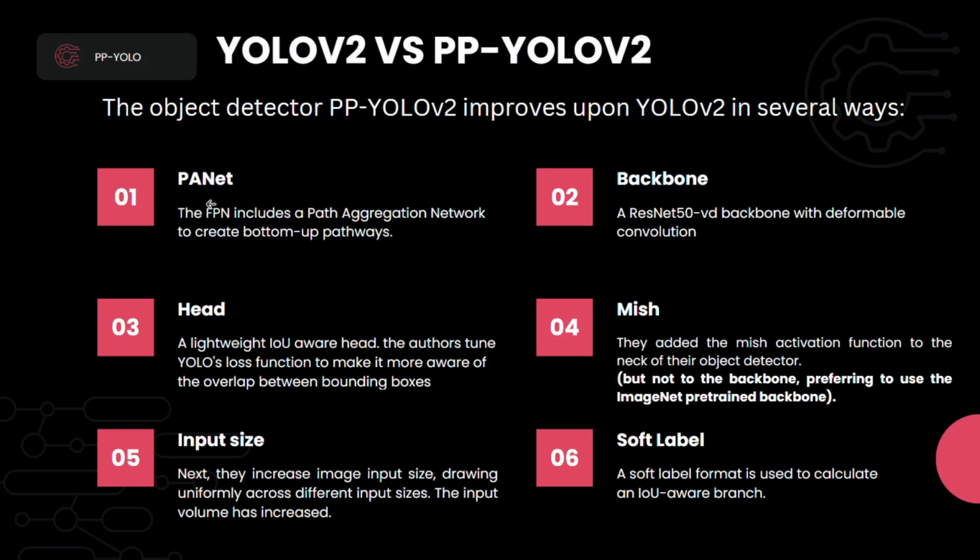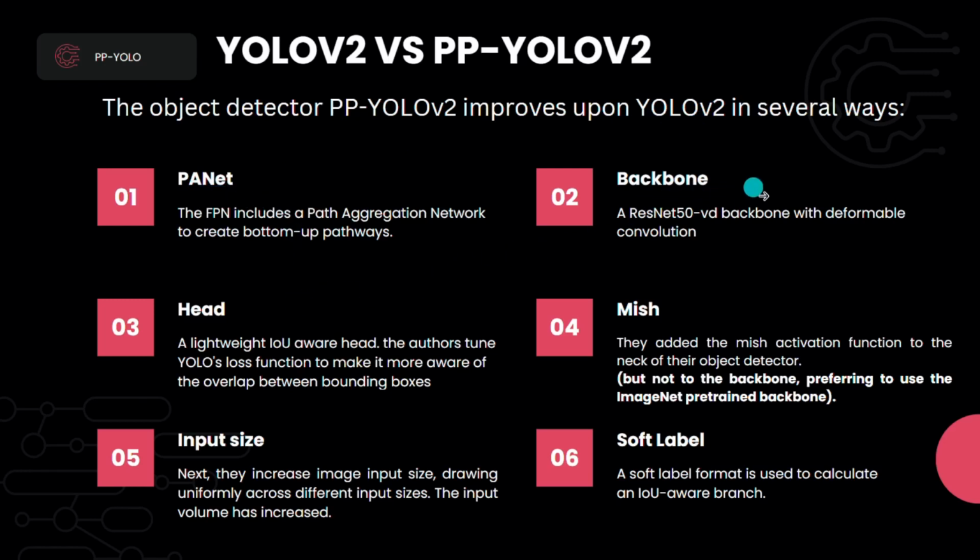So this neck part of the network was also implemented in the PP-YOLOv2 model, which was a modification made on the YOLOv3 architecture. As you remember, in YOLOv3 we used a feature pyramid network and not a path aggregation network on the neck part of the model.